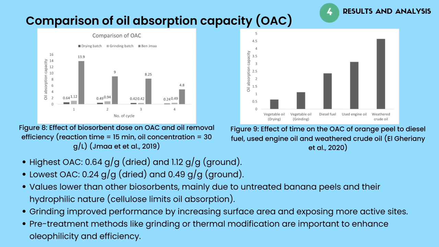The increased performance in ground peel is due to the larger surface area and more exposed pores after grinding. This clearly indicates the grinding treatment enhanced oil absorption efficiency by improving the physical structure of the biosorbent.